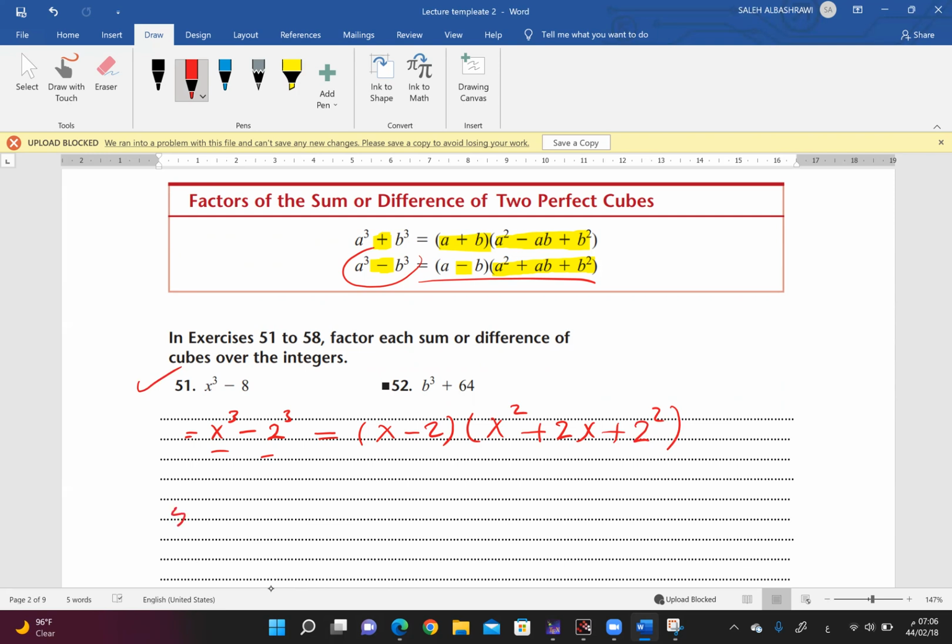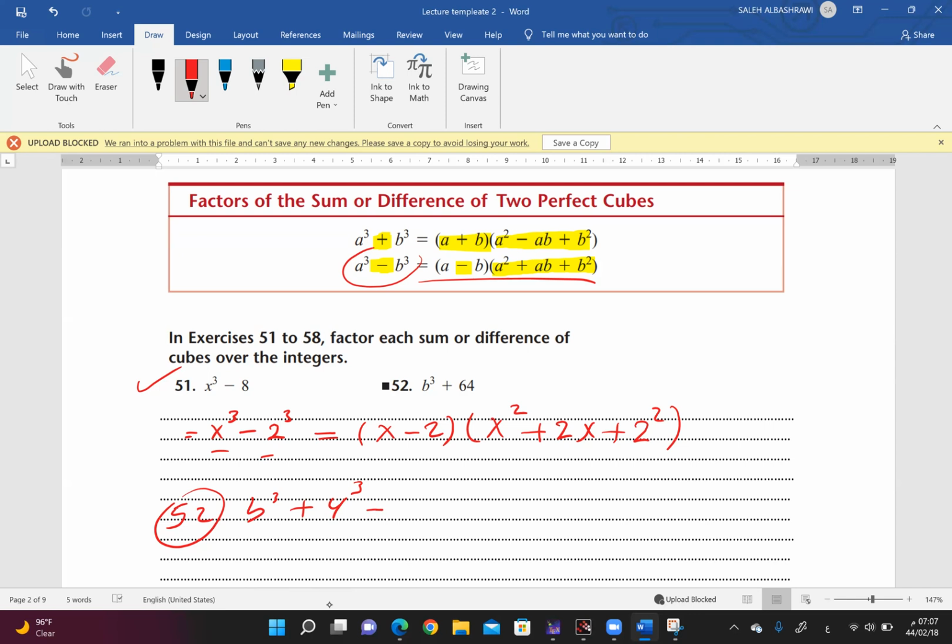For 52, I have b to the power 3 plus 64. 64 is 4 to the power 3. So it is a sum of two perfect cubes.